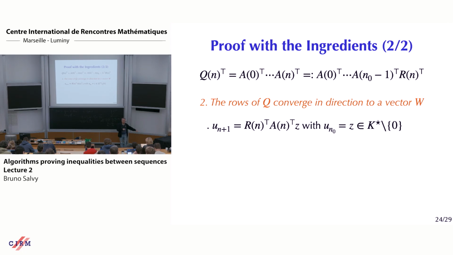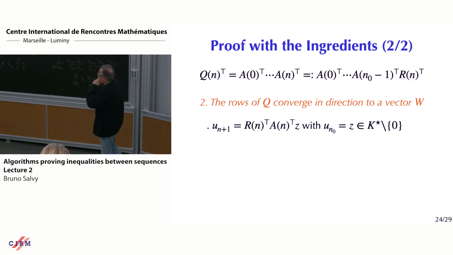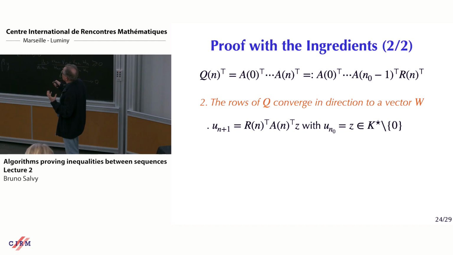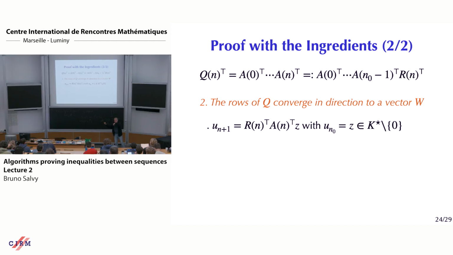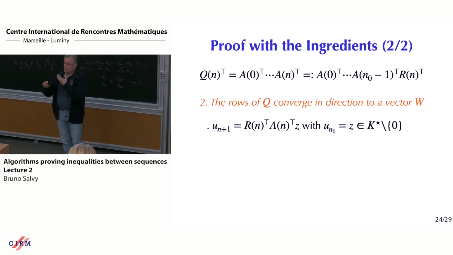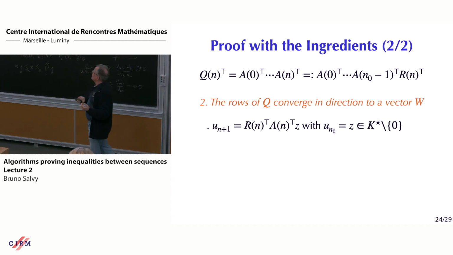So leave them aside. The part that's interesting is R, which is from N0 on. But the sequence we consider is not natural. You have U_{n+1} is transpose of R, and then you insert A_n before z. Before, we were just multiplying on the left. But now you take your product, you insert the new matrix. So it's more complicated, right?